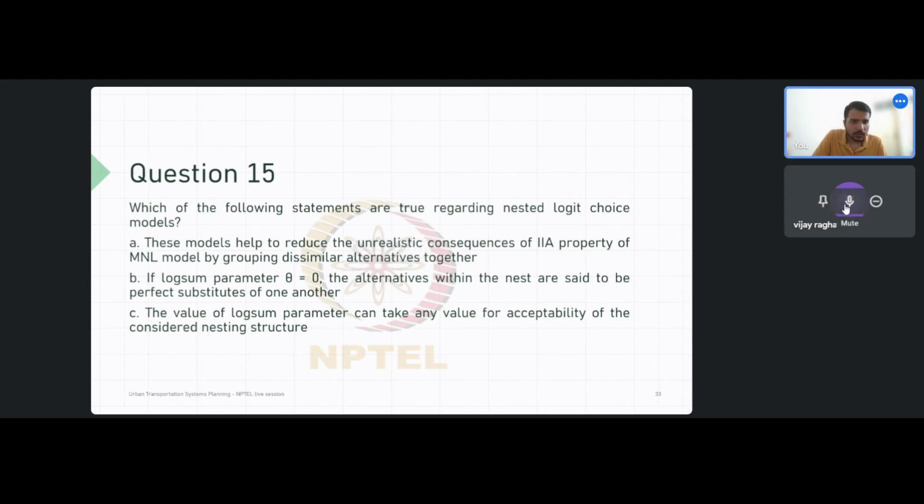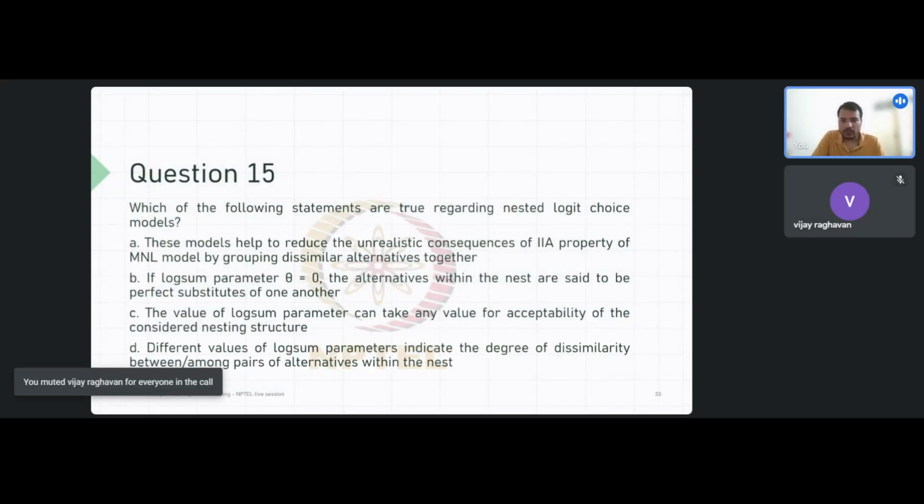D: Different values of log sum parameters indicate the degree of dissimilarity. Let's give maybe 1 minute. You can answer, then we'll discuss the answer.